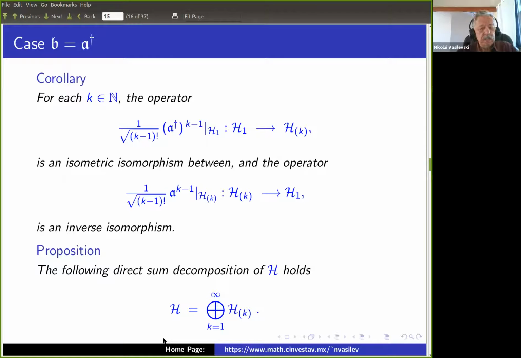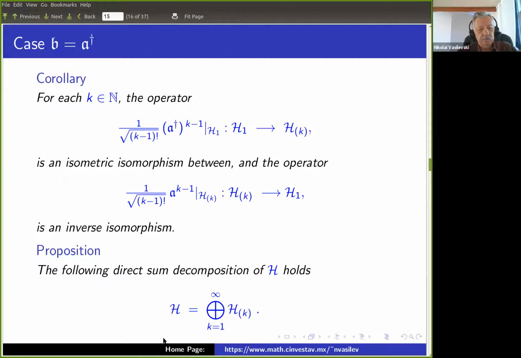What we need, and what we actually use, is only that A and A dagger are mutually adjoint. They commute by identity, and the linear space of all powers of A dagger applied to the kernel of operator A is dense in our Hilbert space.